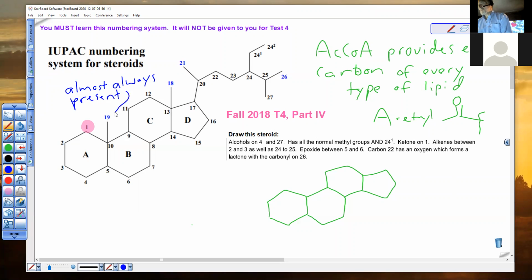So say the methyl 19 is missing or methyl 18 is missing. That happens. Steroids often stop in this area here. Not all steroids have this group. There's variations on the group here.